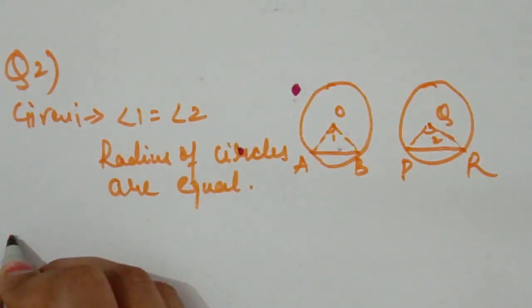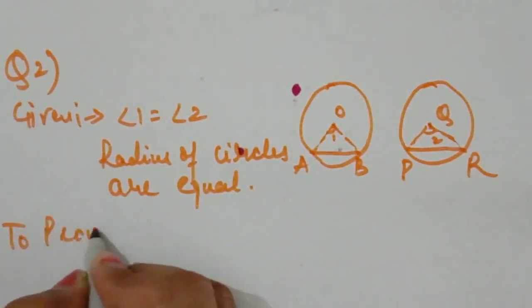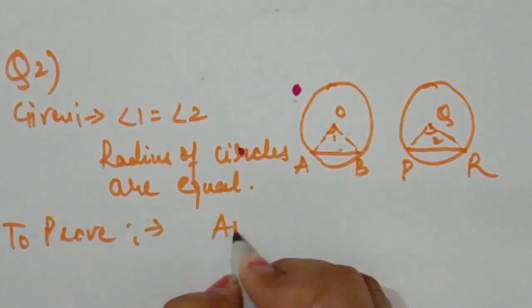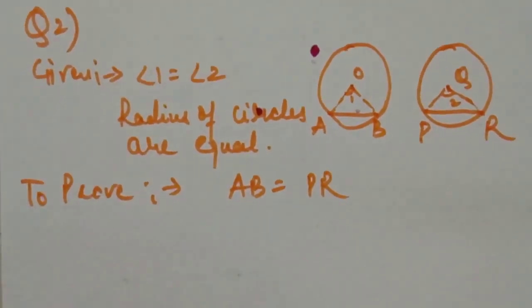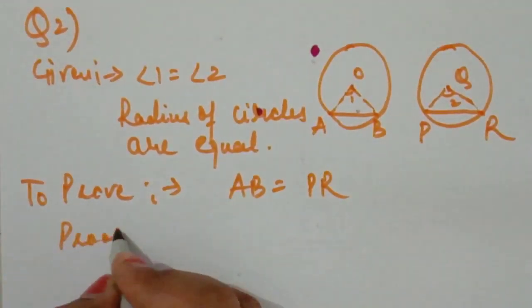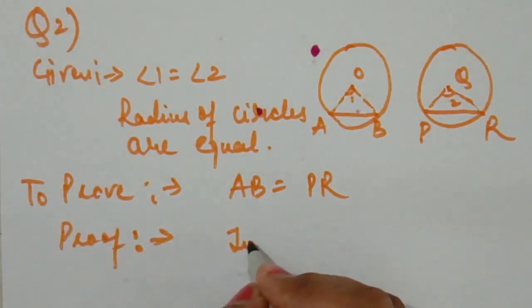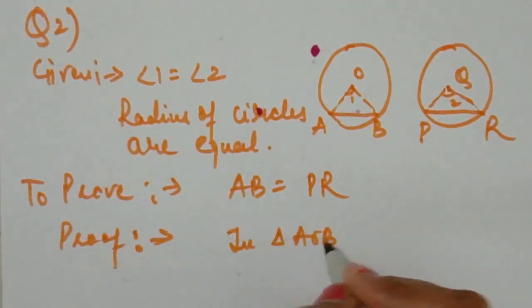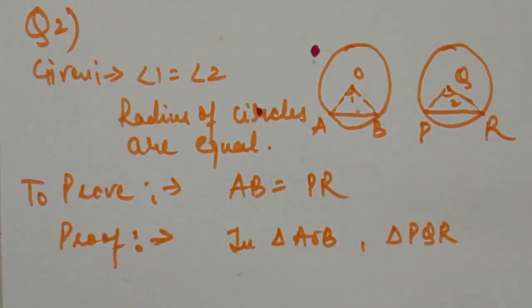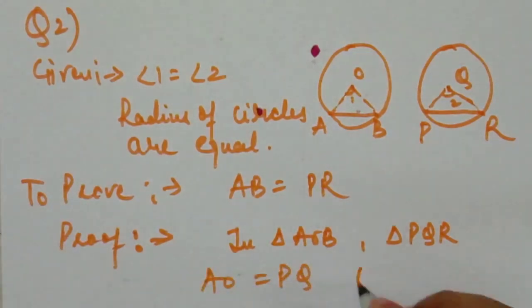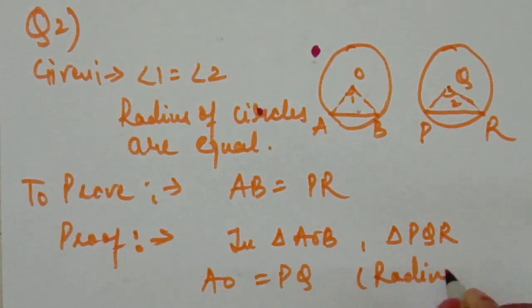What we have to prove? To prove is chords are equal. So we have to prove that AB is equal to PR. Now we will start our proof. In triangle AOB and triangle PQR, first of all, AO is equal to PQ, radius. BO is equal to RQ, radius.